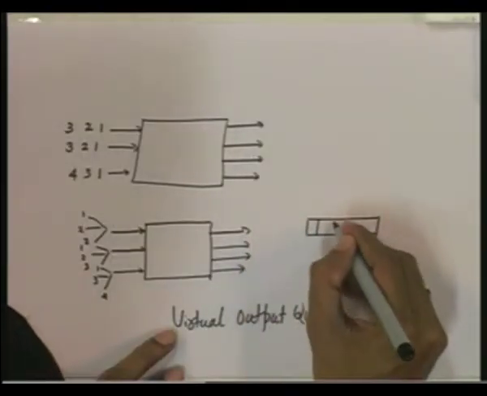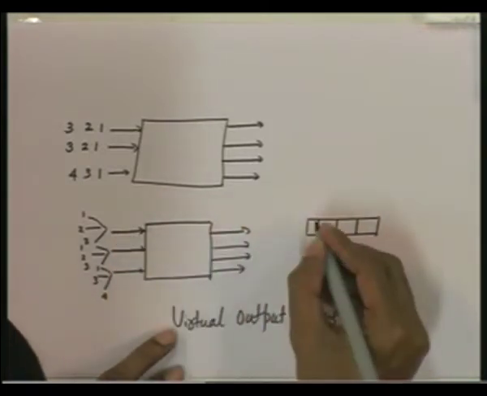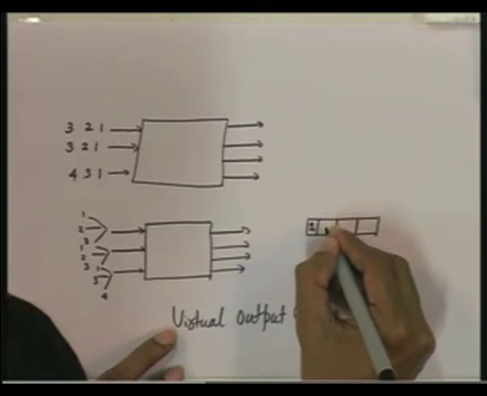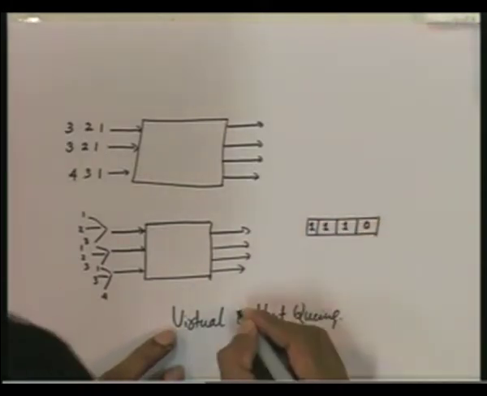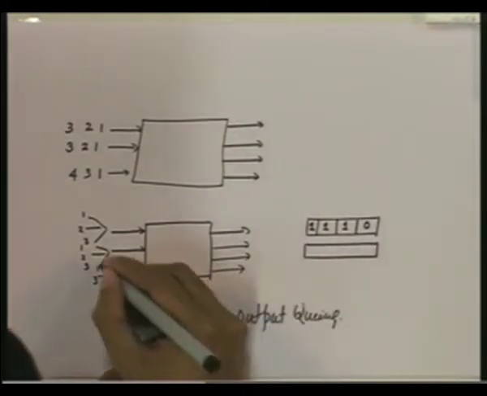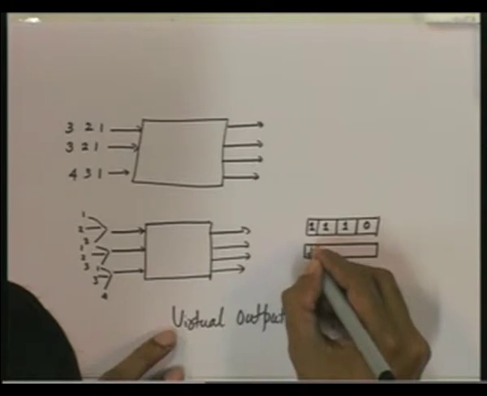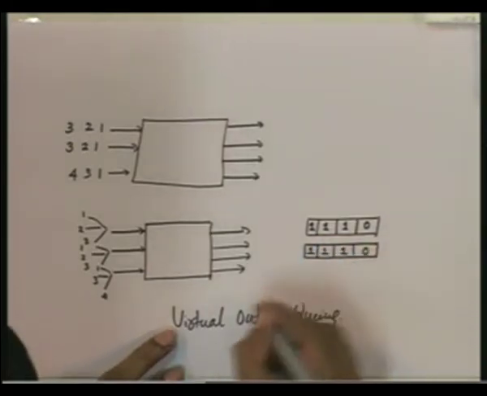Okay. So, 1, 2, 3, 4. If you consider the bitmap for input port 1, this position will be 1, this position will be 1, this position will be 1 and this position will be 0. Similarly, the bitmap for port 2 will again be 1, 1, 1 and 0.